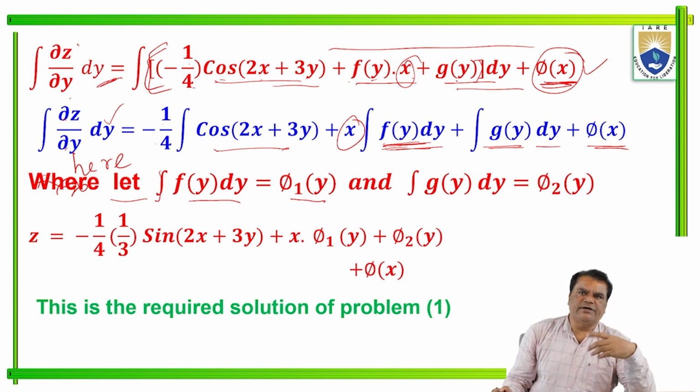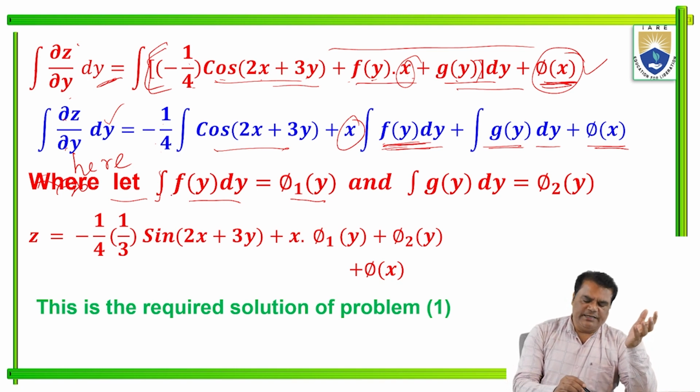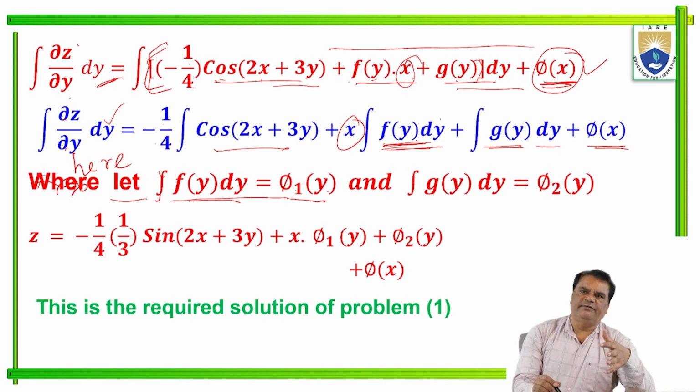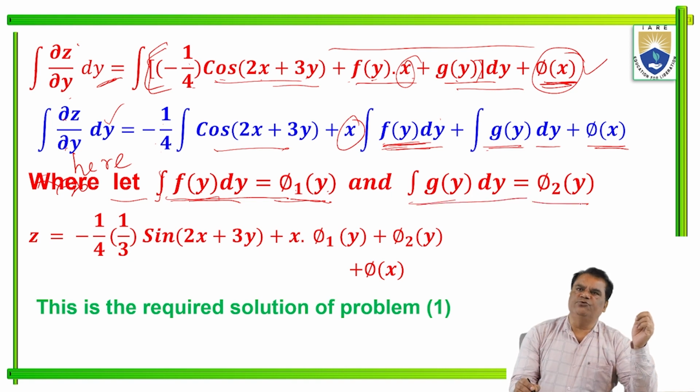So we consider some integral of this function. So consider this integration of f(y) dy equal to phi1(y). Otherwise we can write the same here, no change in this result. So we consider the integration of this function is phi1(y) and the integration of this function is phi2(y).